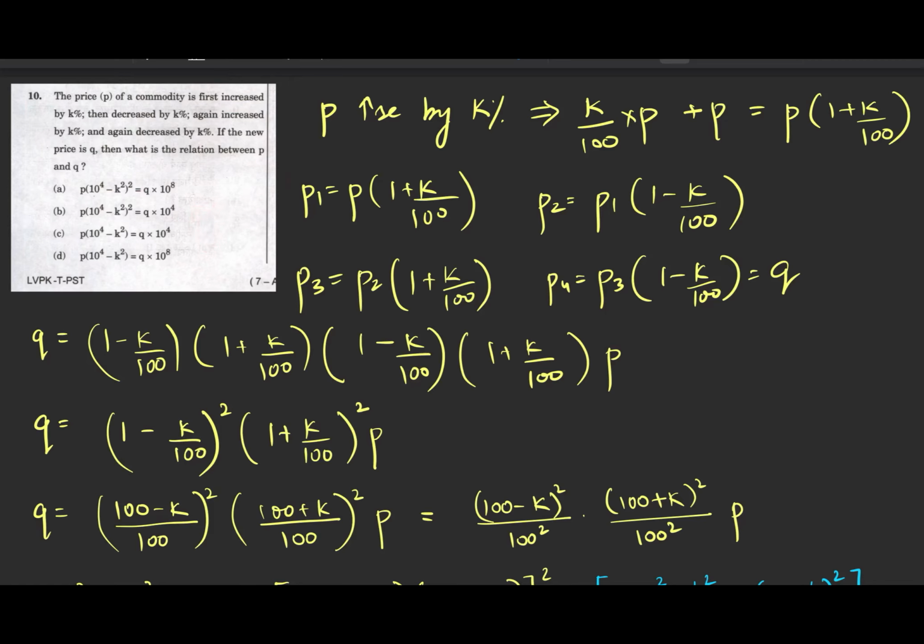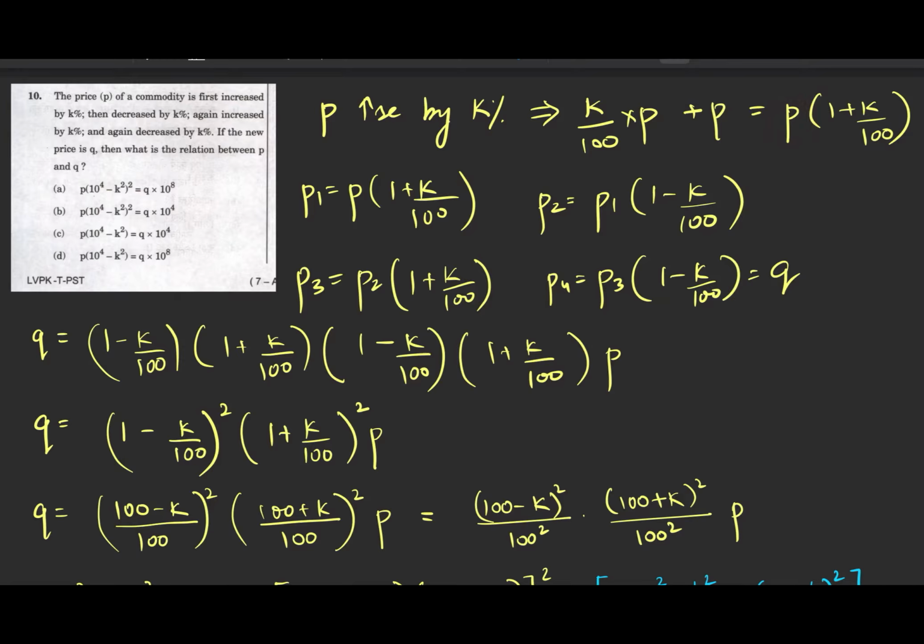So first increased by k%, then we first calculate what is k% of P, which is k by 100 into P. And since it is increased by k%, we add the original value, which was P. Taking out common P, it becomes 1 plus k by 100.